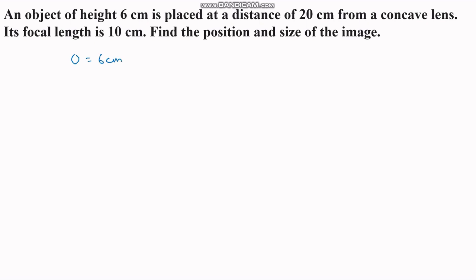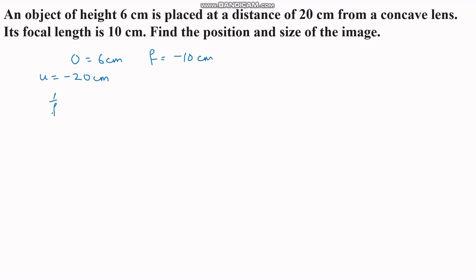It is a concave lens, that means F will be equal to minus 10 centimeter. Object is placed at a distance of 20. Object distances are always negative.